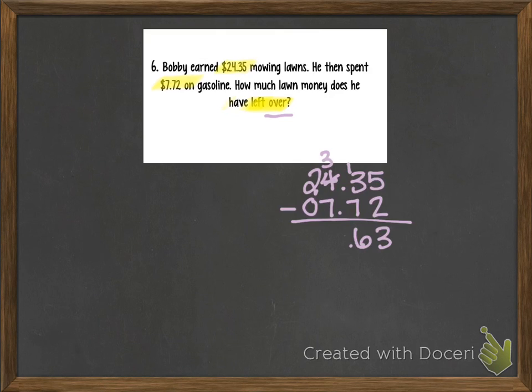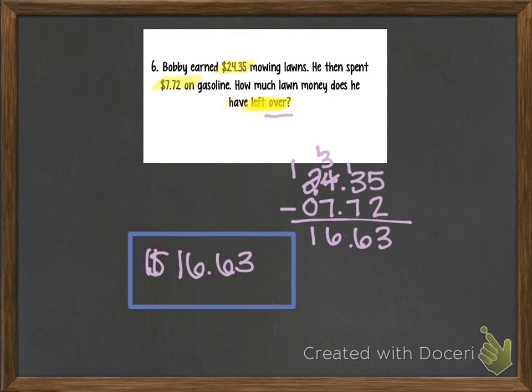Bring your decimal down. I have to borrow again, making that a 13 and that a 1. And then 13 minus 3 is 6 again, and then 1 is 16. So I have $16.63. If you have any questions, please make sure to write them down so that we can get them answered tomorrow.